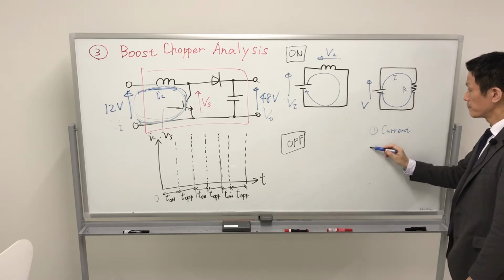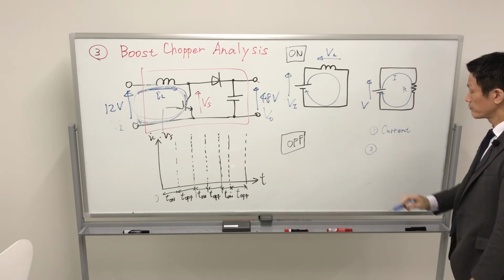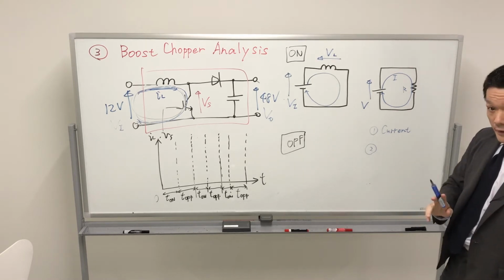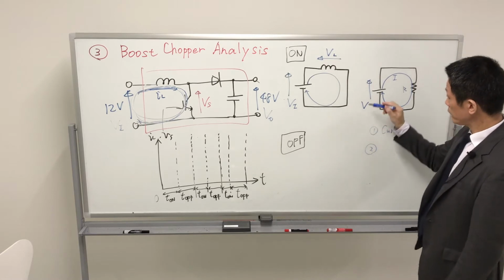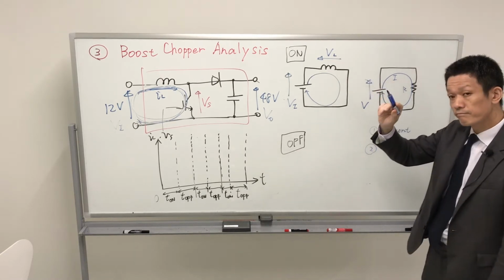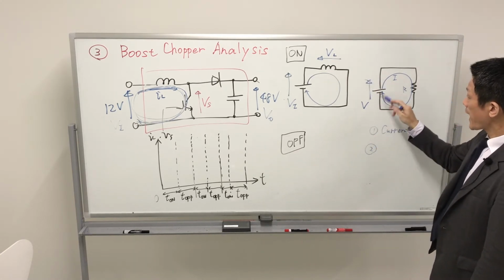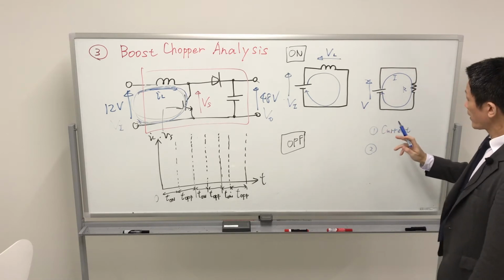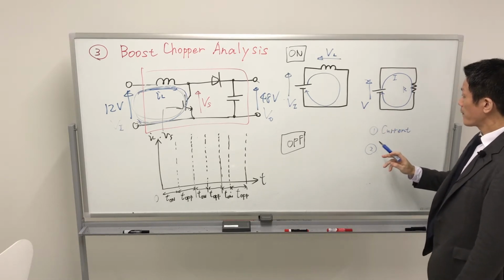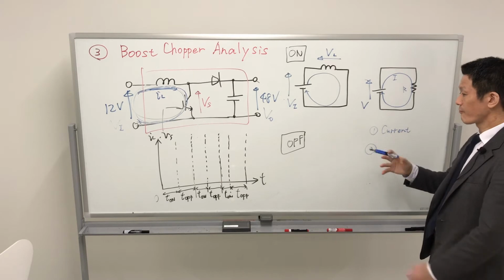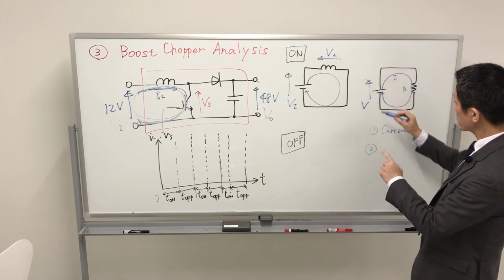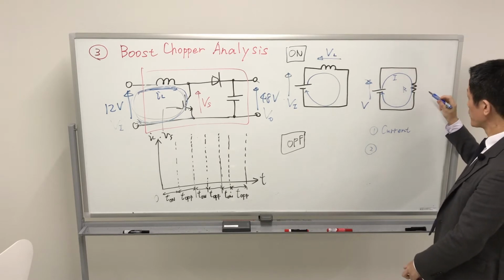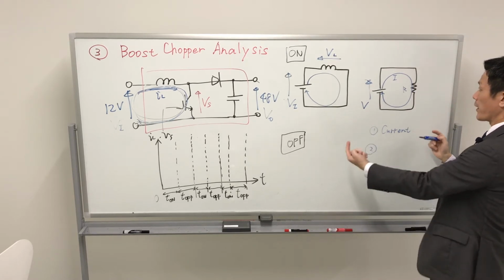Okay. And second step: indicate the voltage, voltage line like this. Voltage arrow. Pay attention to this direction. Input voltage. In the case of the output voltage, the current flows like this.